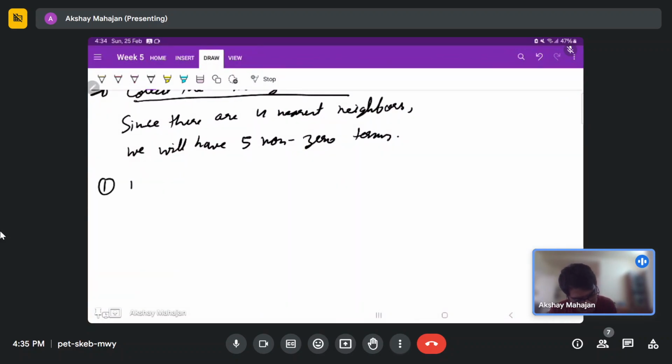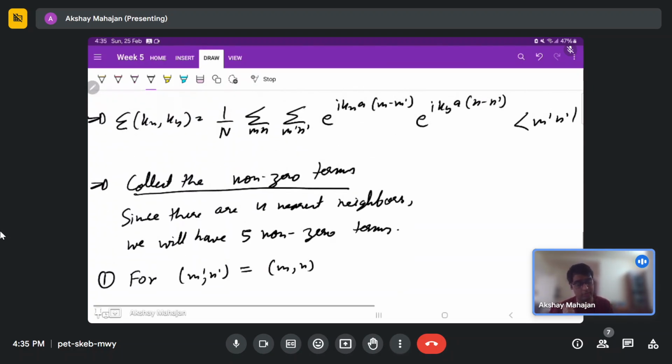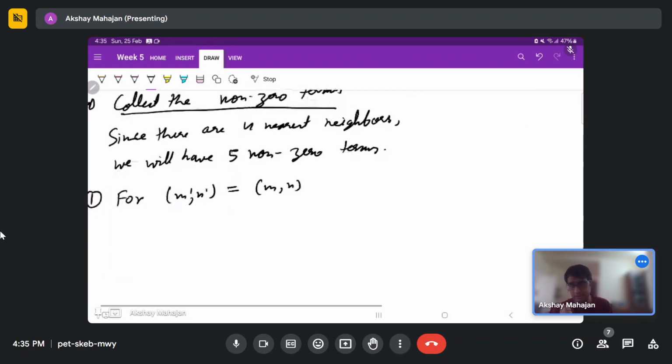So what are those terms going to be? The first case is when m' n' is equal to m n. Let me not write all of it because that will be too time consuming.